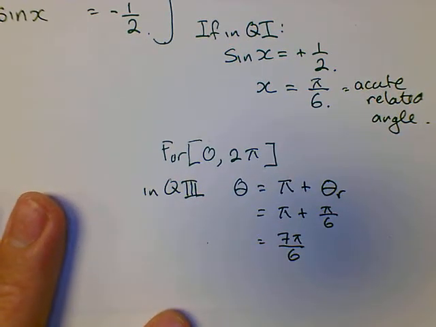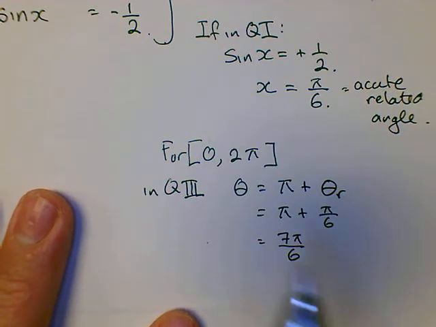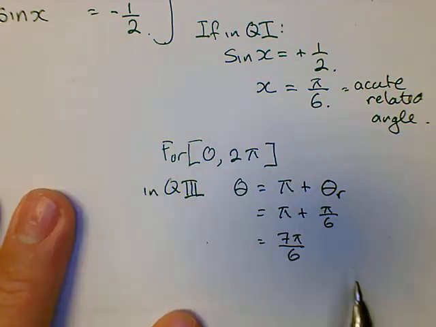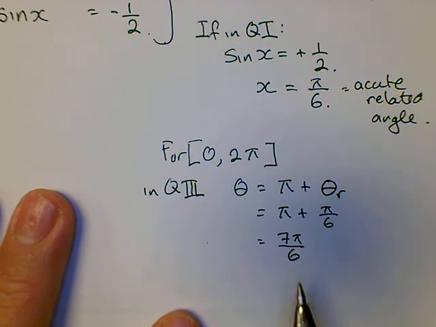So at what angle does sine x equal negative 1 over 2? Well, it'll be 7 pi over 6.